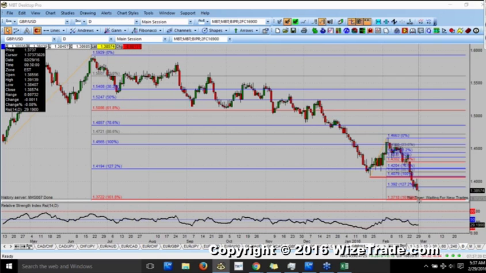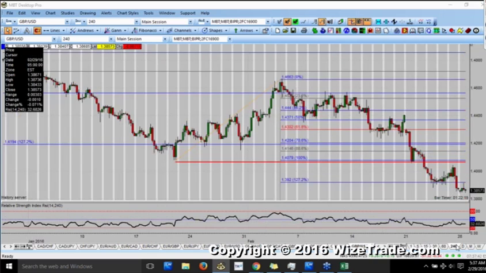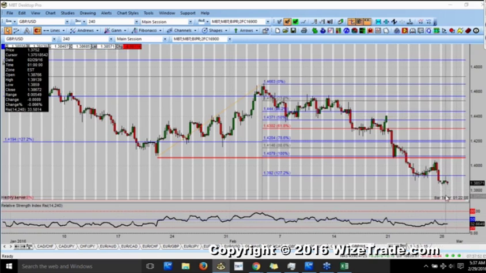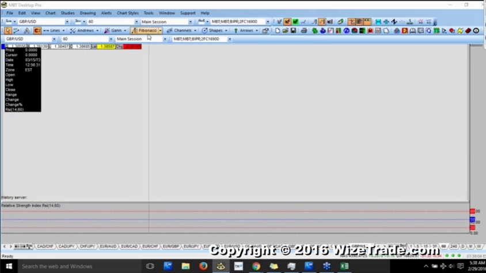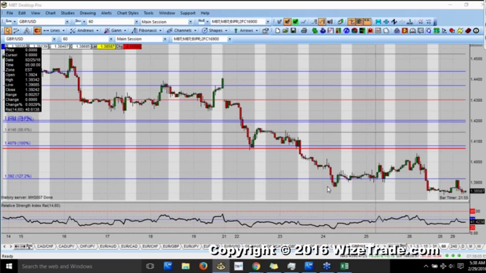I think we should. Now, the problem that the cable's going to have is if the euro makes it down to 108.50 and it starts to bounce, it might prevent the pound from making it all the way down there, perhaps. But that's where I'm looking for. Now, is that going to do anything for us today? Probably not. I think today we're going to stop well short of those levels.